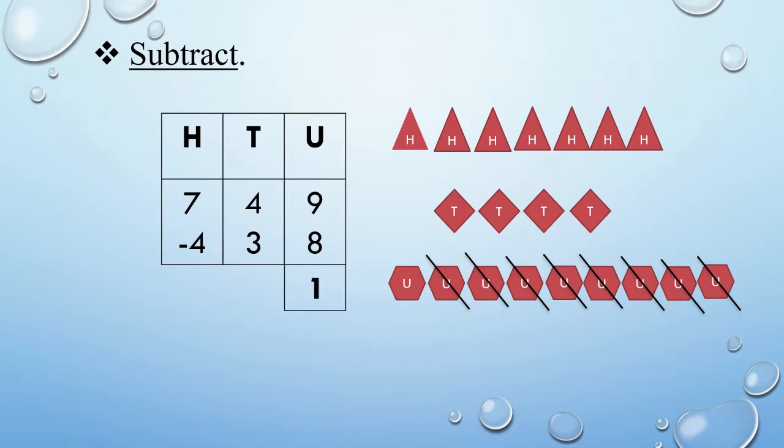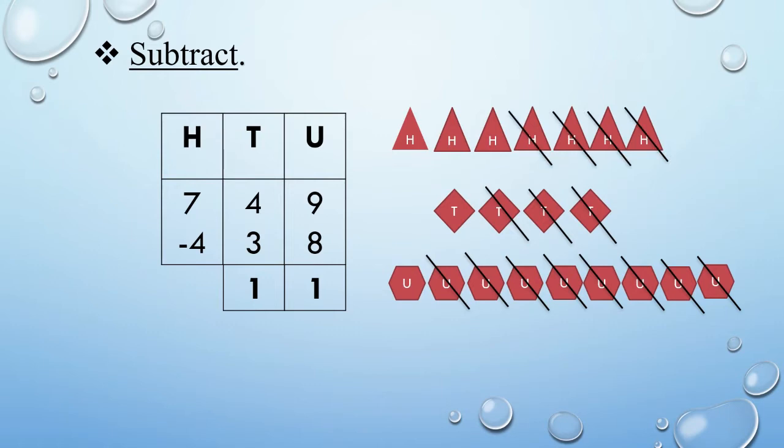Let us move to the next one here, that is the tens column. 4 tens minus 3 tens means we will cut here 1, 2, 3. How many remaining here? 1. So 4 minus 3 is equal to 1. Now let us move to the hundreds column here. 7 hundreds minus 4 hundreds means we have to cut here 4 hundreds. 1, 2, 3, 4.